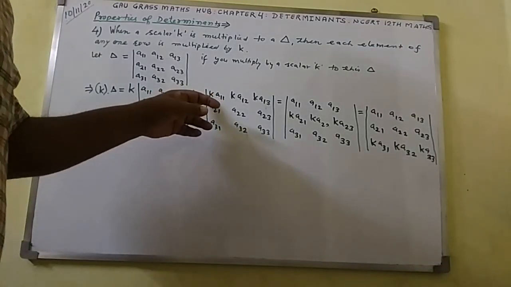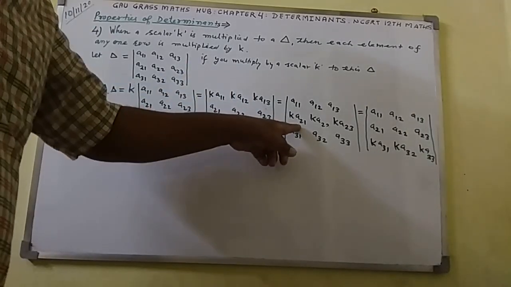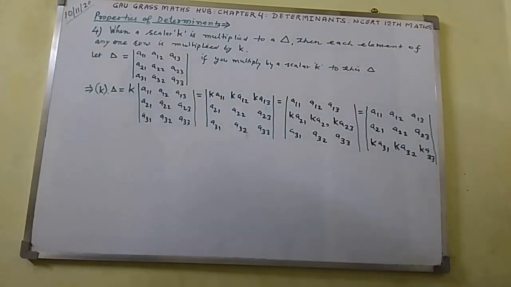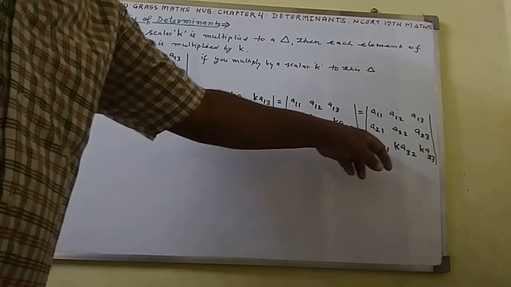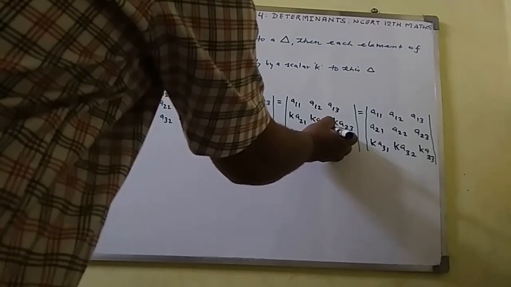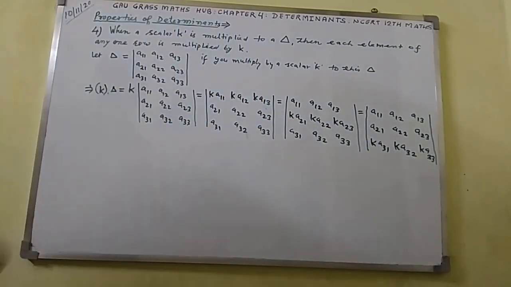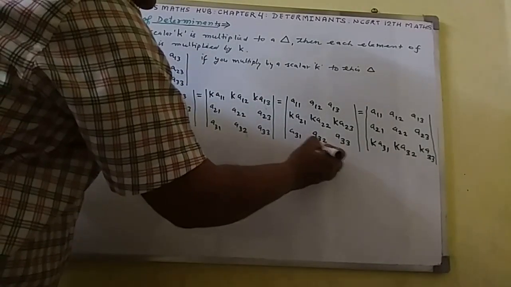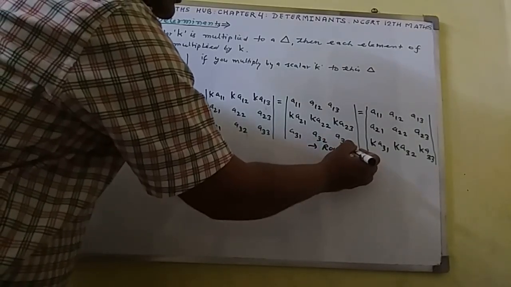In this determinant, k is multiplied to each element of first row. In this determinant, the scalar k is multiplied to each element of second row. And here, the scalar k is multiplied to each element of third row. So you can say this is the row property.